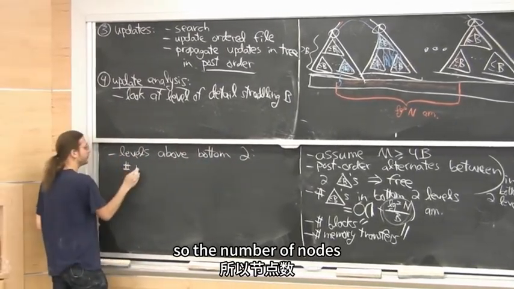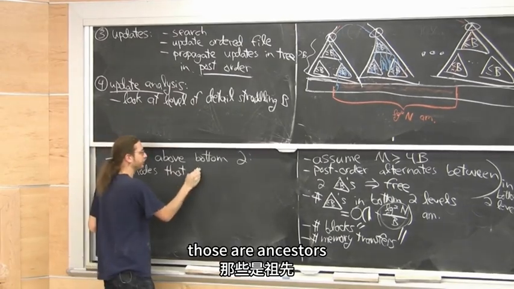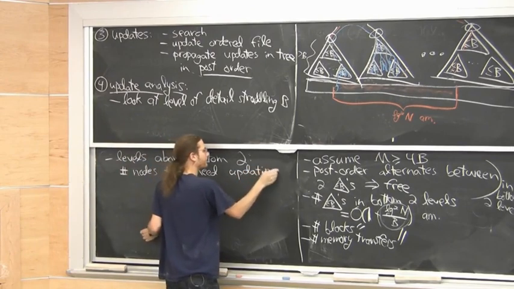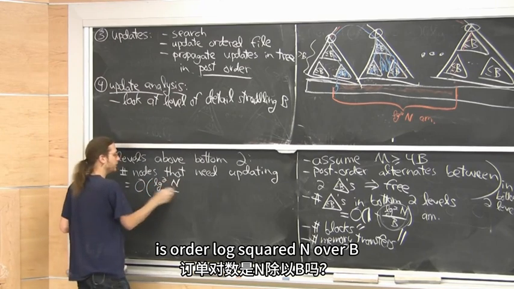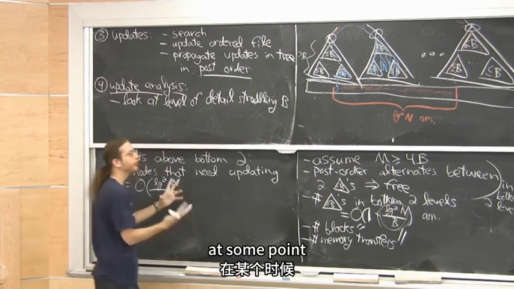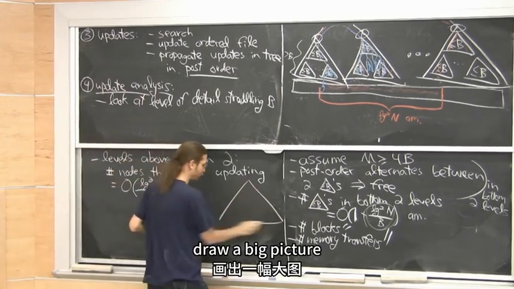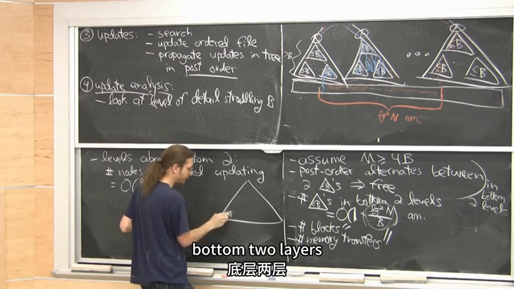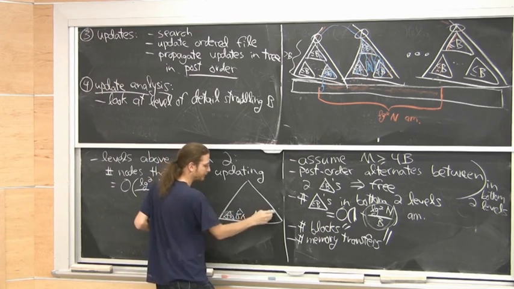Okay, so the number of nodes that need updating, those are ancestors, is order log squared n over b. That's the number of leaves down there. At some point, you reach the common ancestor of those leaves. That tree, so here, draw a big picture. Here's the bottom 2 layers. Okay, we're shaving that off.